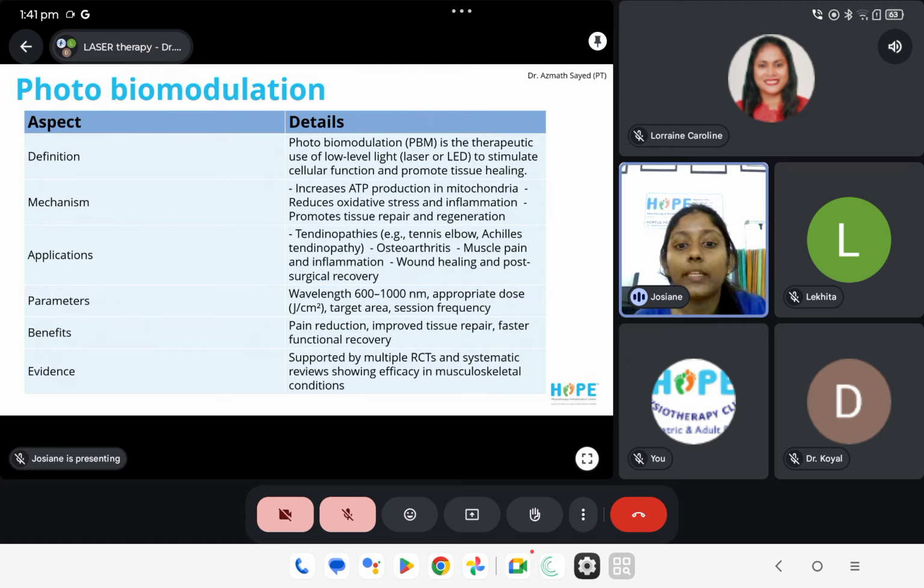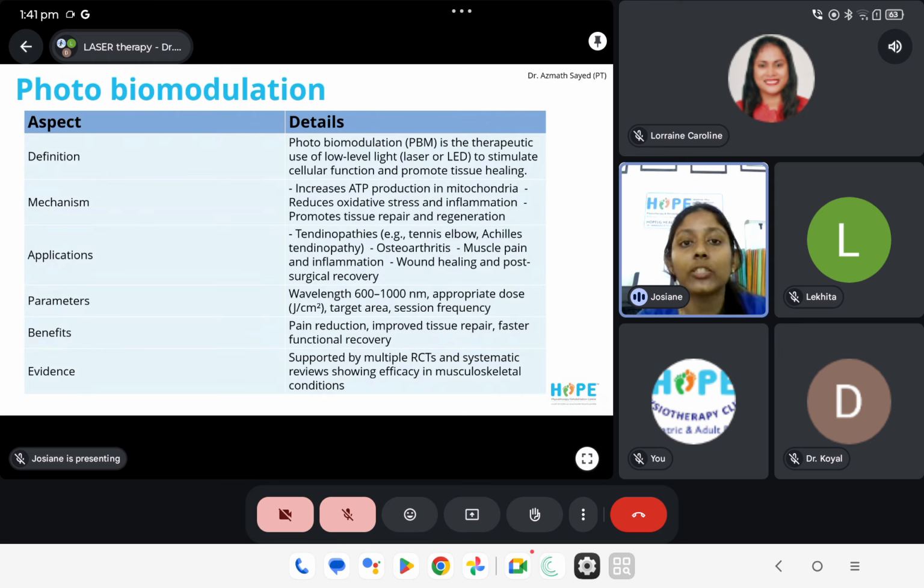Parameters include a wavelength of 600 to 1000 nanometers, the dose provided to the target area, and session frequency. Benefits include pain reduction, improved tissue repair, and faster functional recovery, and it is supported by multiple RCTs and systematic reviews showing efficacy in musculoskeletal conditions.